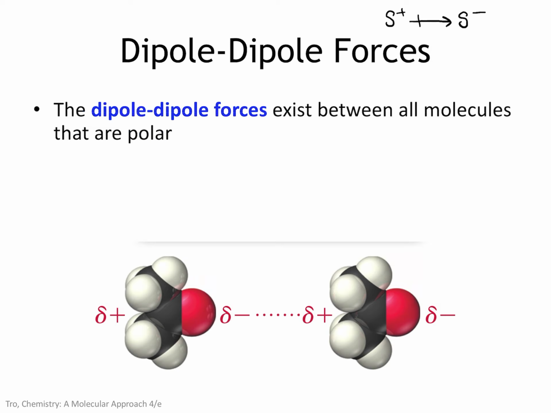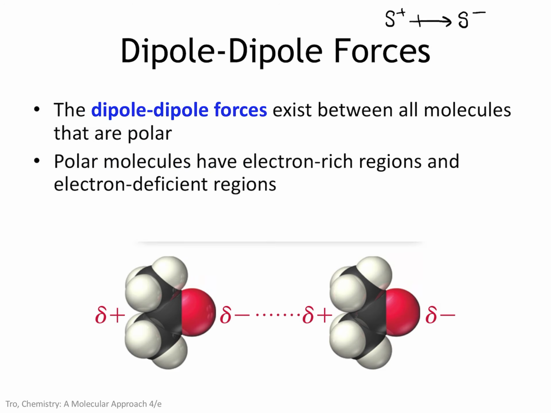So dipole-dipole forces exist between all molecules that are polar, since we know that a dipole is in a polar structure. Polar molecules have electron-rich regions and electron-deficient regions. So if we look at this example of acetone here, you have your oxygen, carbon, carbon, carbon, and all the hydrogens.